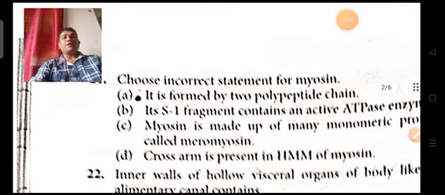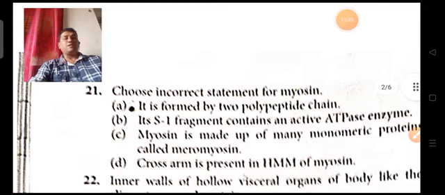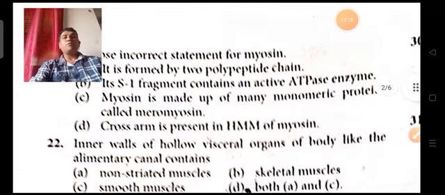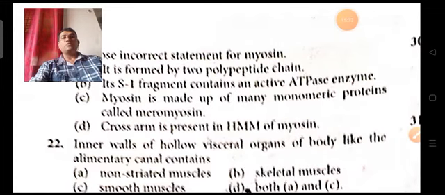Next, choose the incorrect statement for myosin. Related to myosin, you need to find the incorrect statement. It is formed by two polypeptide chains. Its S1 fragment contains an active ATPase enzyme. Myosin is made up of many monomeric proteins called meromyosins. The cross-arm is present in the heavy meromyosin of myosin.